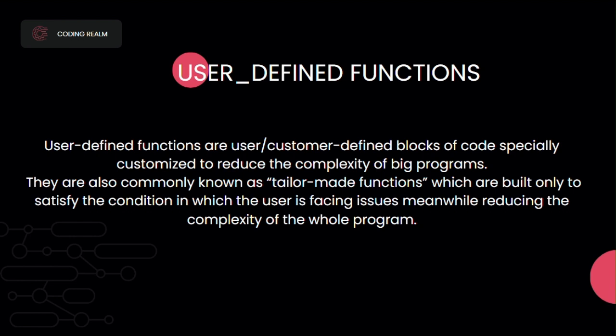They are also commonly known as tailor-made functions, which are built only to satisfy the condition in which the user is facing issues, meanwhile reducing the complexity of the whole program.